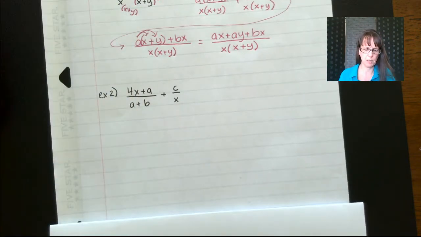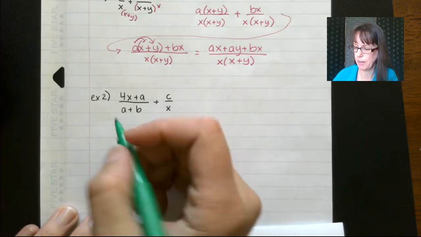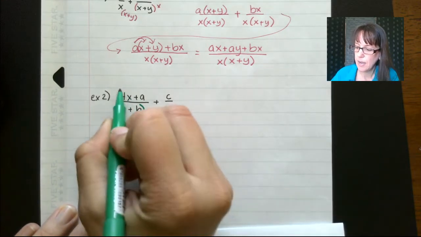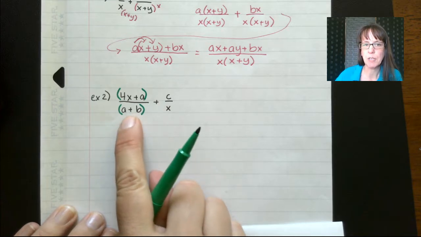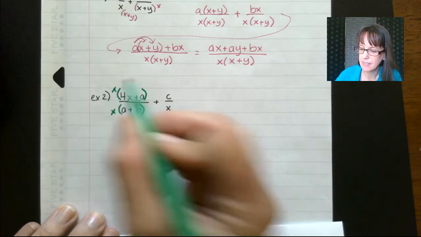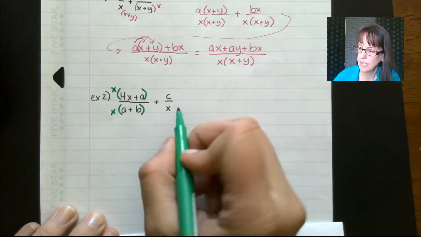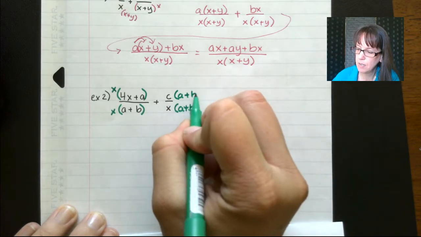So for number 2, let me grab a different pen. Number 2 here, we have this guy here. Again, we're going to protect our addition and subtraction in our fraction, and this guy up here. Our common denominator is going to be a plus b times x. Over here I'm missing x, and over here, I'm missing a plus b on the bottom and on the top. So let's rewrite that.